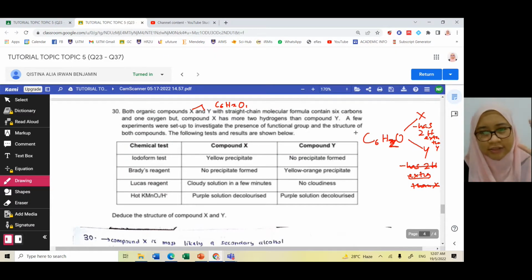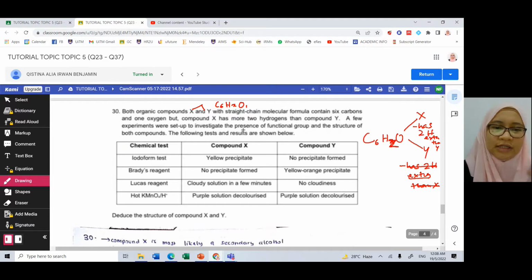So that's the rough idea that we have. So it is definitely not aldehyde and ketone. One of them is either aldehyde or ketone, the other one should be alcohol, because if both of them are carbonyl compounds, they should have the same chemical formula. So that's the tip based on the information given in the question.